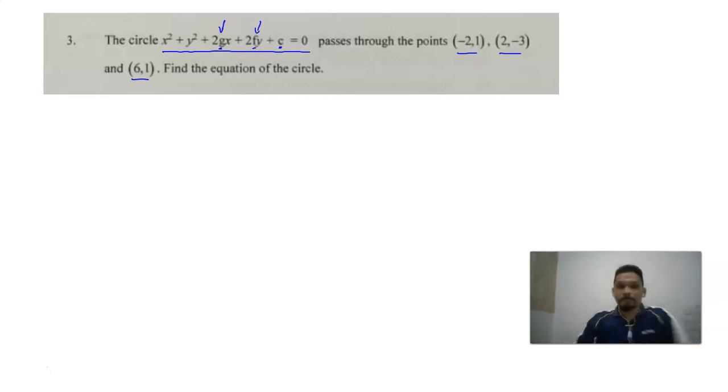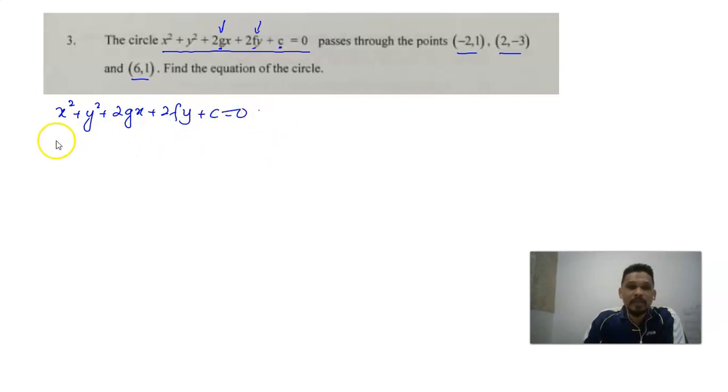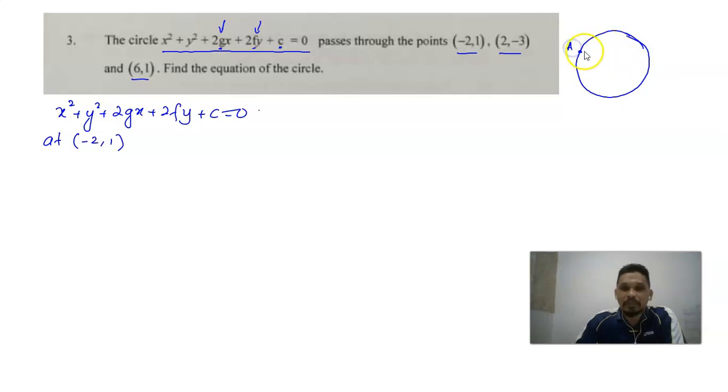Now, from these 3 points, rewrite again: x squared plus y squared plus 2gx plus 2fy plus c equal to 0. Before that, just imagine that this is the circle, and there are 3 different points here.